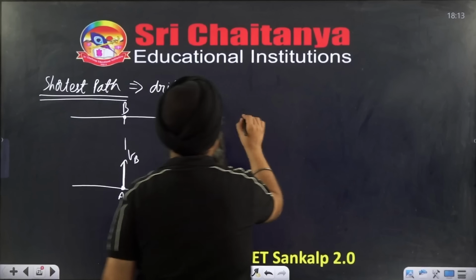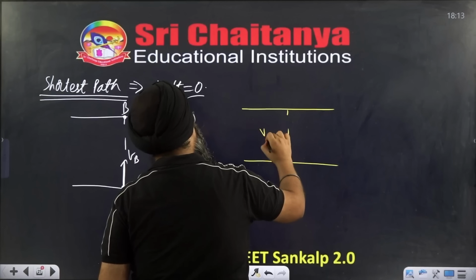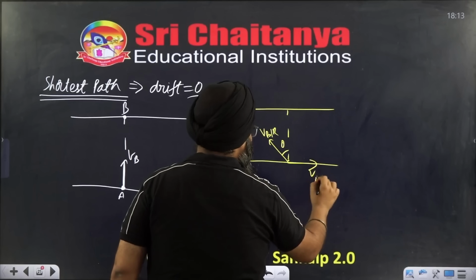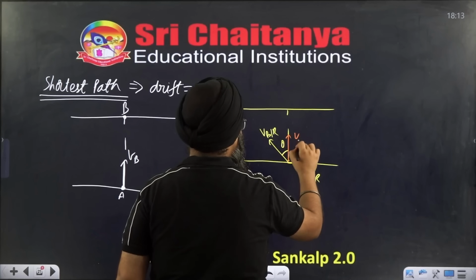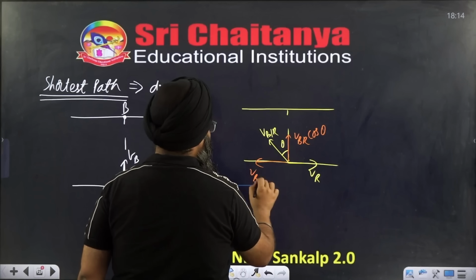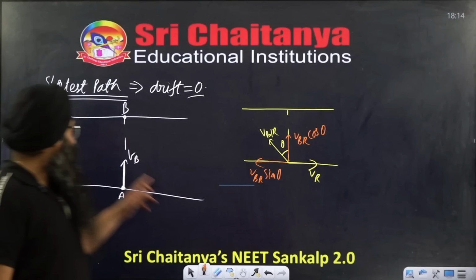Now how will this particular case happen? See here, suppose the boatman tries to row his boat in this direction. This angle is theta and this is VR. I already told you that please resolve it in two directions. So this will be VBR cos theta and this will be VBR sin theta. Now the resultant of all these vectors should be equal to VB.